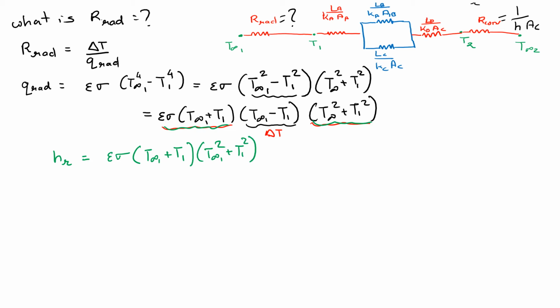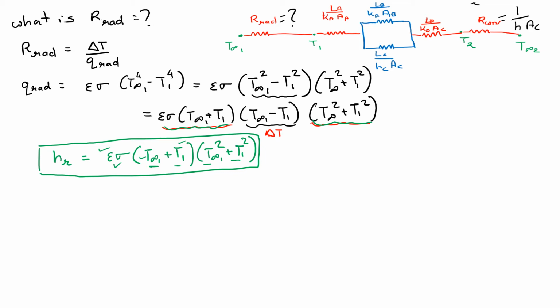So your hr will be a function of T infinity and your surface temperature. In a numerical problem, you'll have T infinity and the surface temperature given, and information about whether the body is a black body or a gray body, that is, its emissivity. Sigma is a constant, so you know its value, and you will be able to find the value of hr.